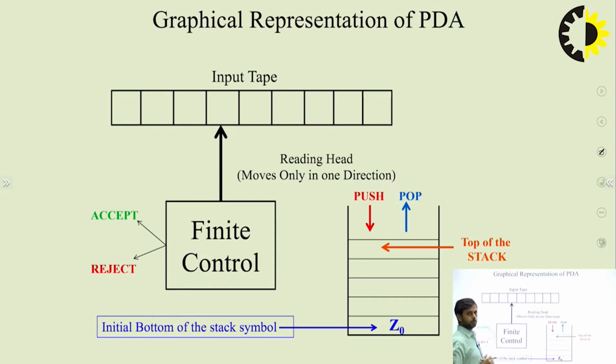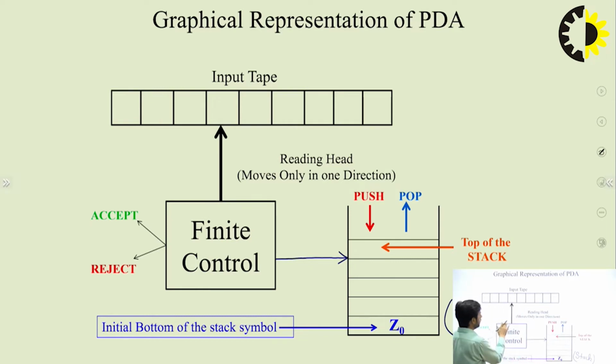There is an input tape, where we give the input, and there is a finite control, and this finite control is connected with a memory element, that is the stack. On the stack we perform two operations: push, when we insert an element into the stack, and pop, when we pop out an element from the stack.